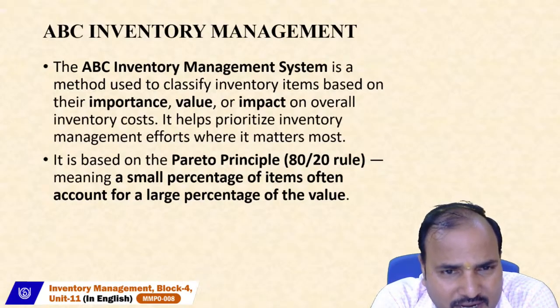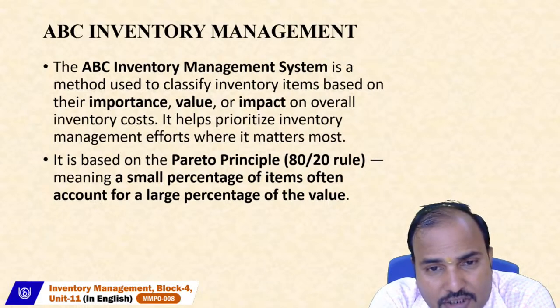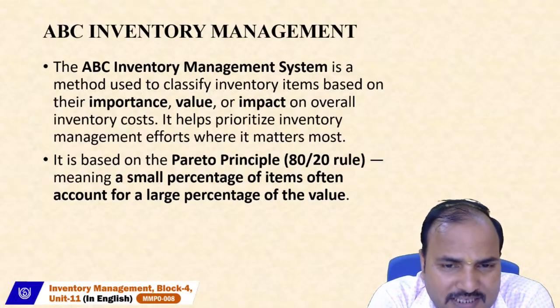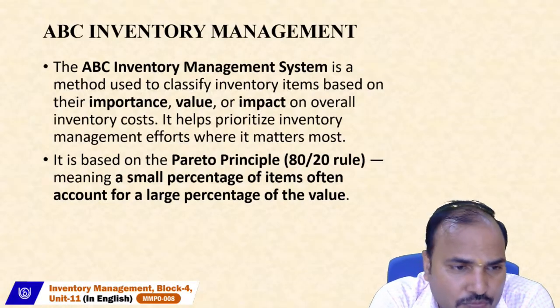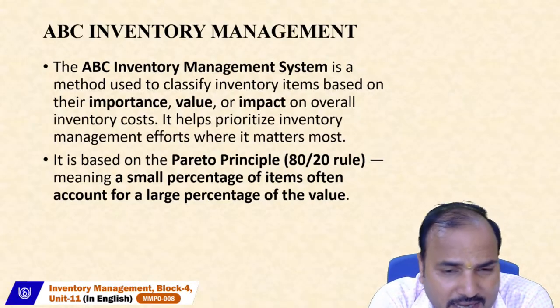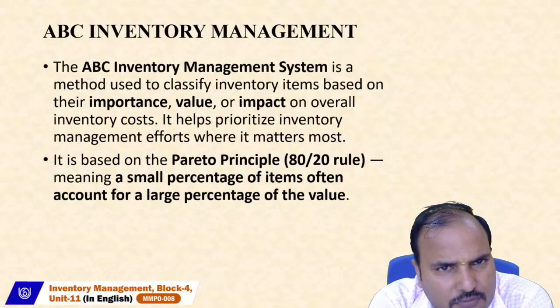It helps prioritize inventory management efforts where it matters most. It is based on the Pareto principle, that is the 80/20 rule, meaning a small percentage of items often account for a larger percentage of the value.